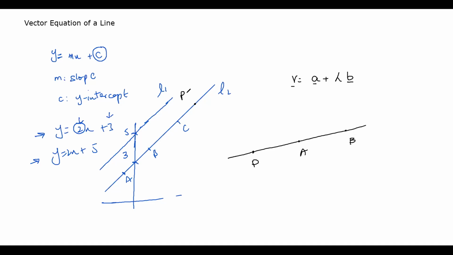For example, if this point A is on this line, y is equal to 2x plus 3, and this x coordinate over here is -1, you know that the y coordinate is going to be 1. For this B, if it has an x coordinate of 1, you know that the y coordinate is going to be 5. But this point P is a general point. This is going to be x comma y on it.